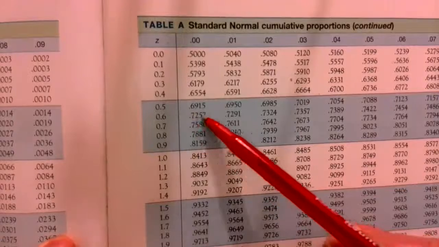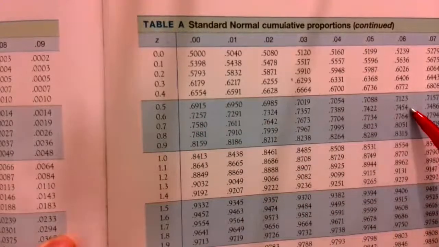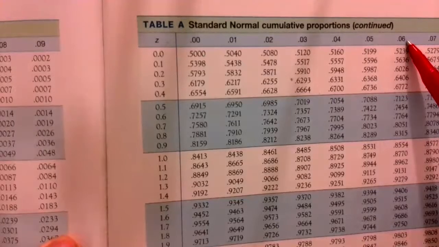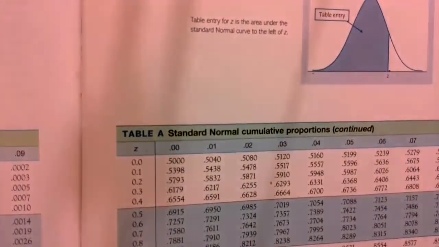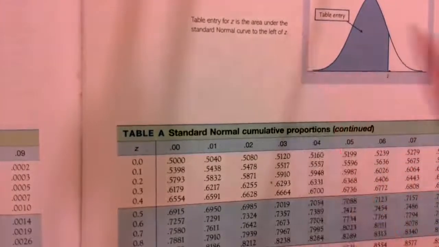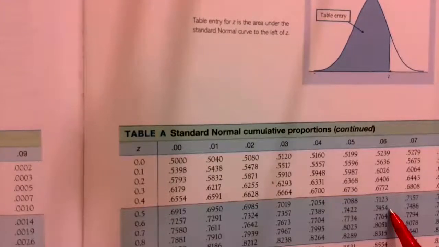Then you move horizontally. You stop at this number, 0.7454, because when you move up, you find this is the 0.07 column. So together, this one returns what? The size of the shady area from 0.67 all the way to the left. This shady area, its size is 0.7454, okay?